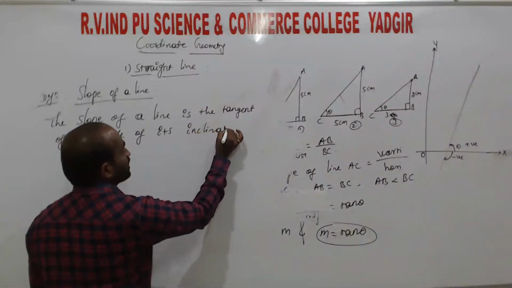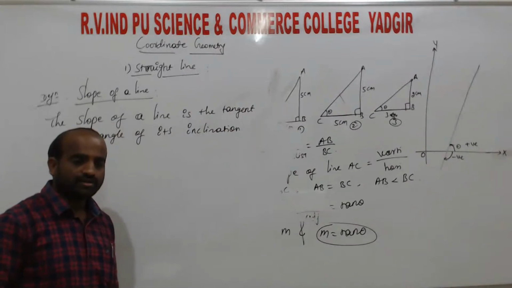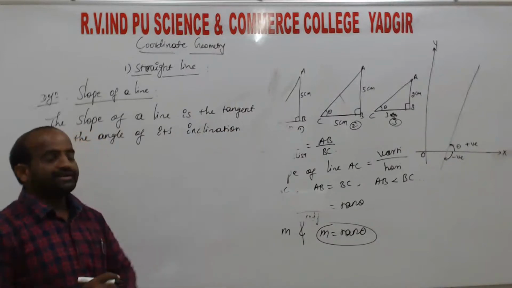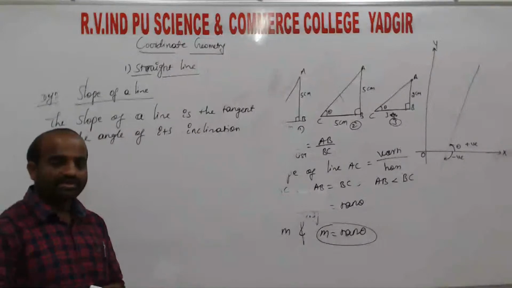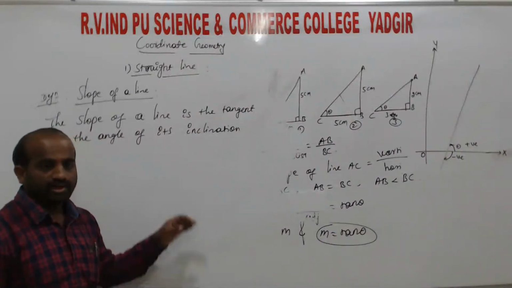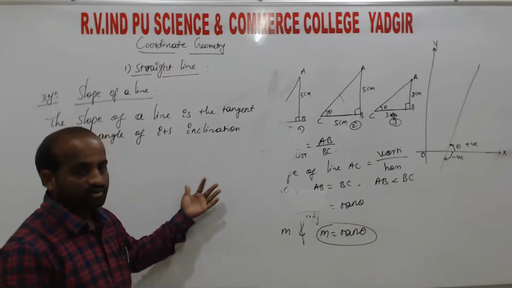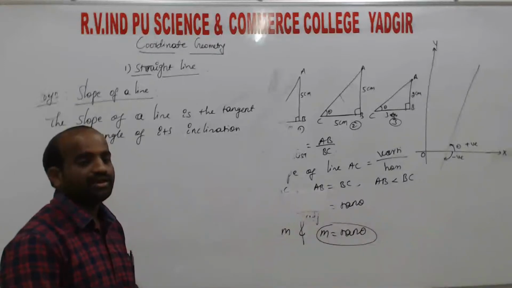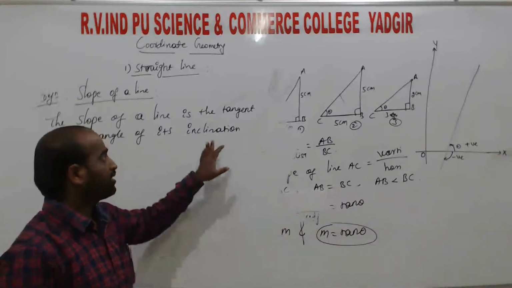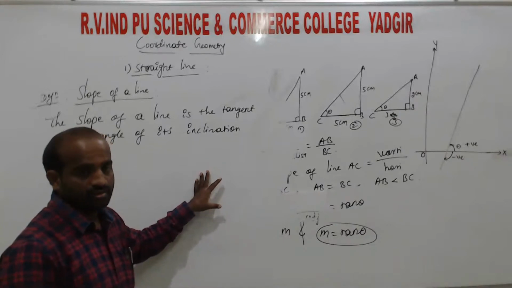You know this inclination. Inclination means what? The angle theta measured in the anti-clockwise direction is known as the inclination of a line, with the positive direction of the x-axis.